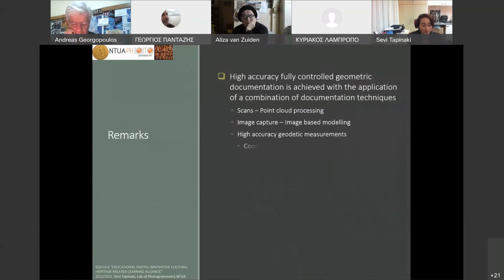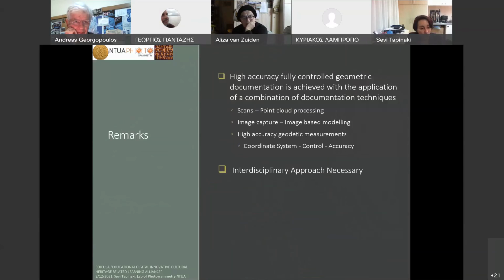Just to make some remarks here, high accuracy, fully controlled geometrical documentation is achieved with the application of a combination of documentation techniques. Scans, image captures, high accuracy geodetic measurements can ensure accuracy and control.